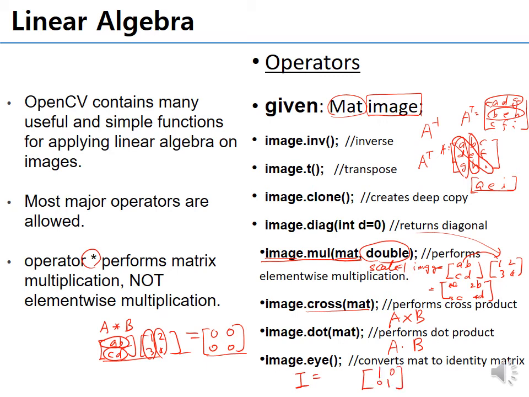So 1, 1, 0, 0. That is the identity matrix. So it converts math to an identity matrix.